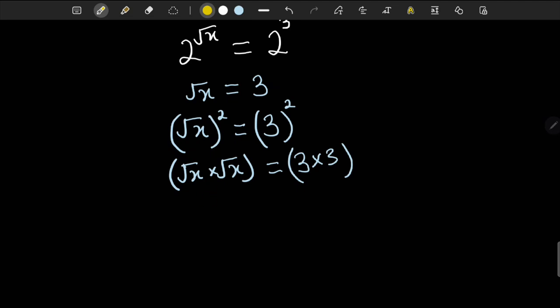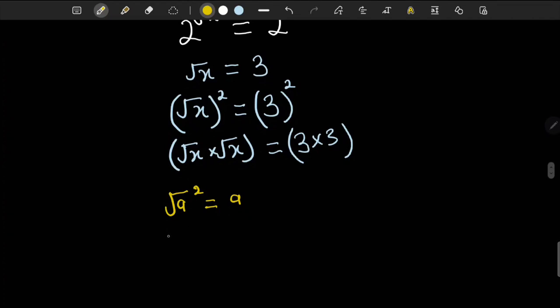Before I continue, let me show you this rule, which says that square root of a squared, right, is the same as what? A, right? Why do they say that? They say that because square root of a squared is the same as, so let me write it here, square root of a times square root of a, right?